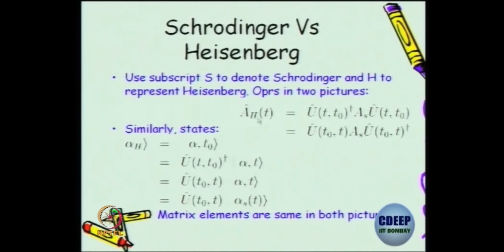So either you work with the Heisenberg picture, where we evolve the operators as functions of time but you don't evolve the states, and do the calculations. Equivalently, you could evolve the states and keep the operators independent of time and do the matrix elements there. Both will be the same. Sometimes it becomes convenient to choose which picture will be much more convenient, okay.